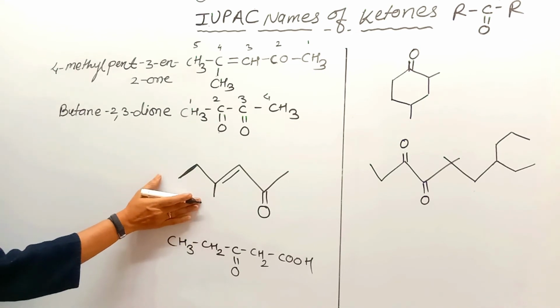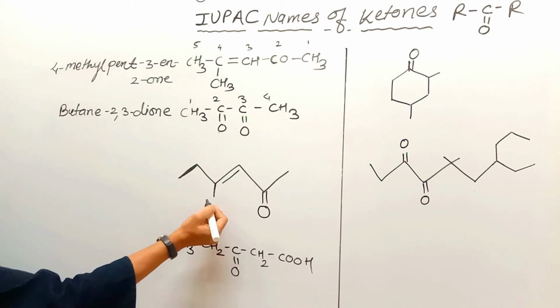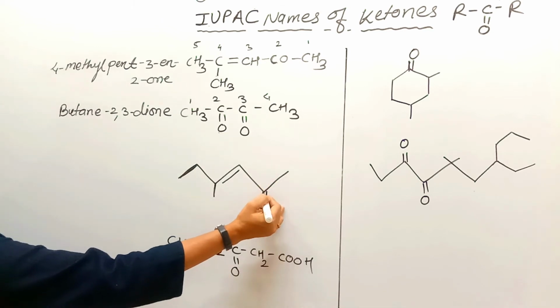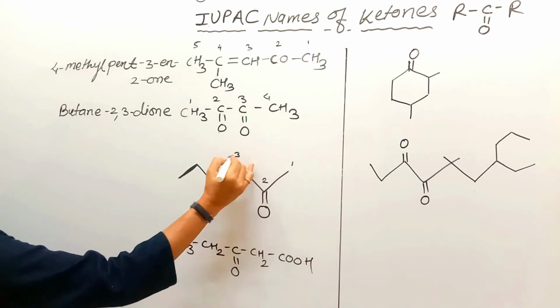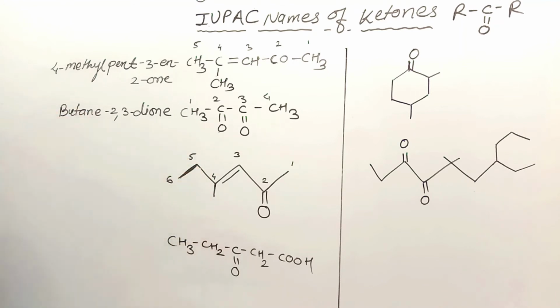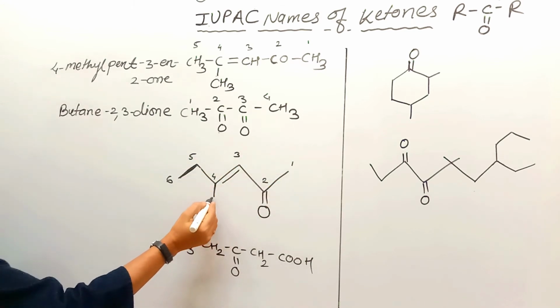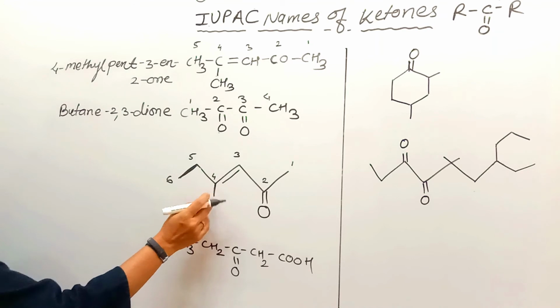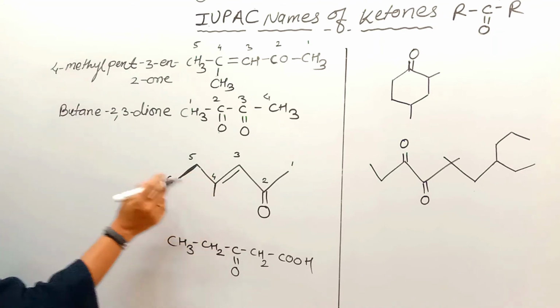See this structure, bond line formula, though very simple. You may number it from this side because it is close to CO. So 1, 2, 3, 4, 5 and 6. Total carbon 6. Bond line formula we have seen in 11th. Here is the CH3 which is the substituent. That's why first indicate the substituent.